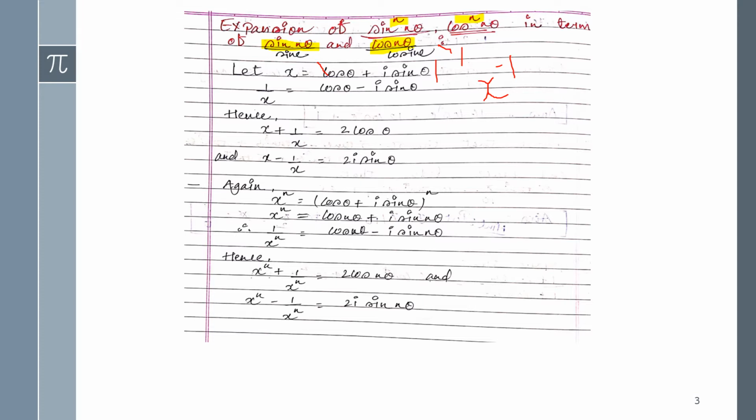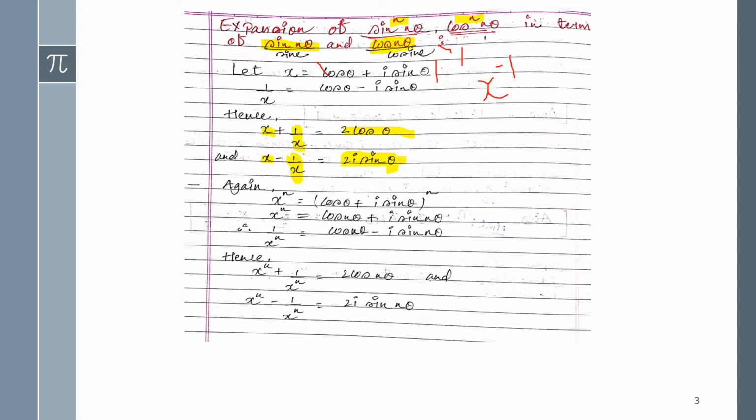Now I'm taking the addition, x plus 1 upon x, and also applying x minus 1 upon x. Why are we doing this? Because by adding these two terms you will get the answer in terms of the cos function, and by subtracting these two components you will get the answer in the form of sine.